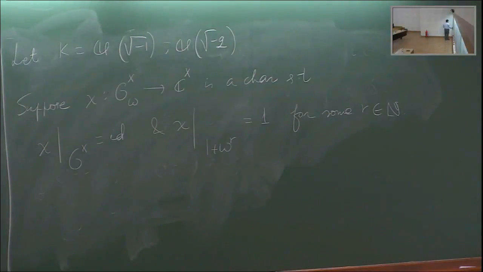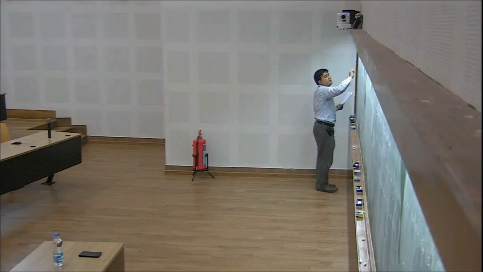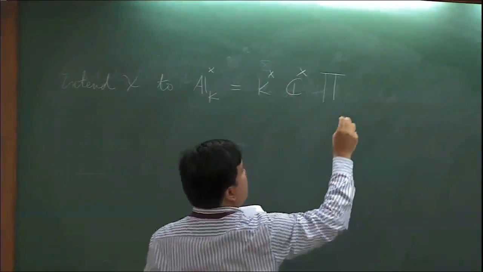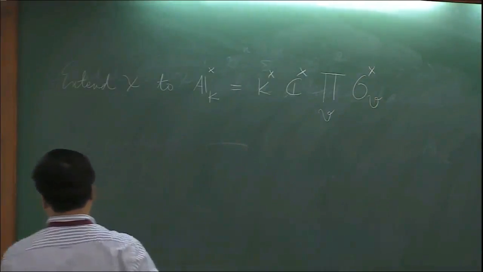Now I'm going to extend this character chi to the whole of the ideles A_K. Remember that this looks like a product of the O_V.